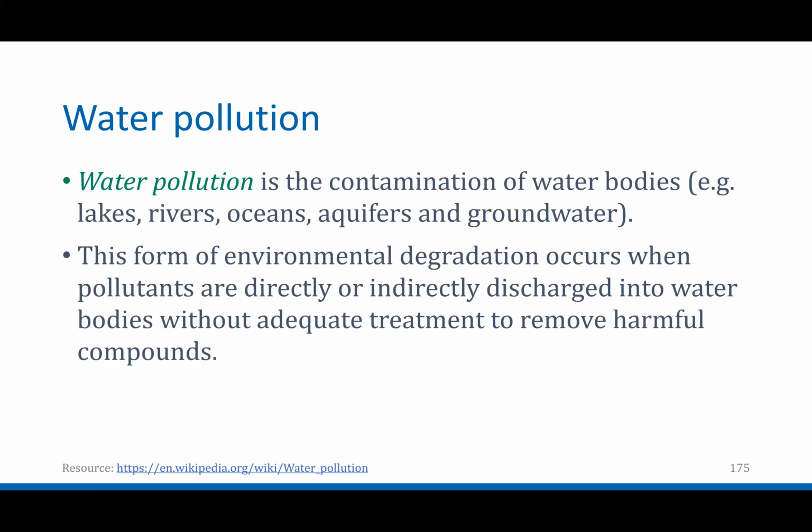Water pollution is what, in fancy terms, we could call environmental degradation, where we degrade or lower the quality of the water. And this could be natural or anthropogenic. It's when pollutants are put into the water without adequate treatment.